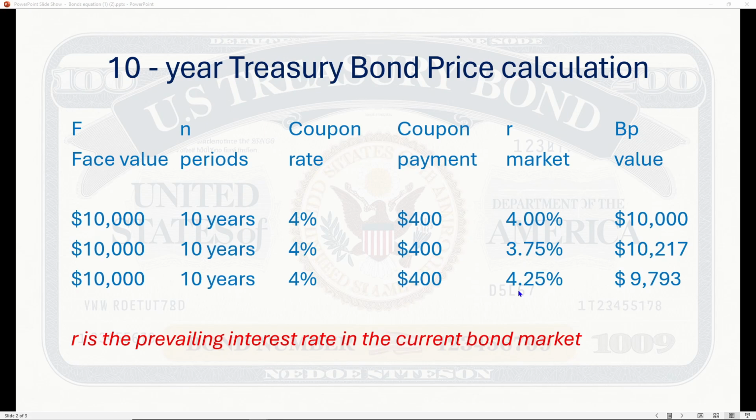Now, if market interest rates increase to 4.25%, then my bond decreases in value because I have now invested in a bond that is paying a coupon rate that is lower than what can be purchased in the bond market.